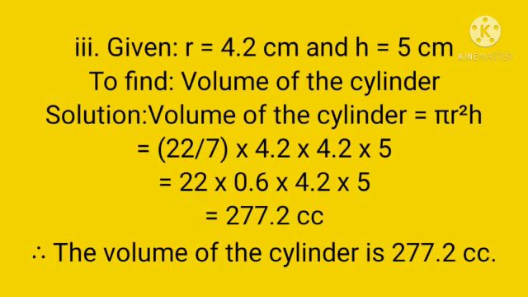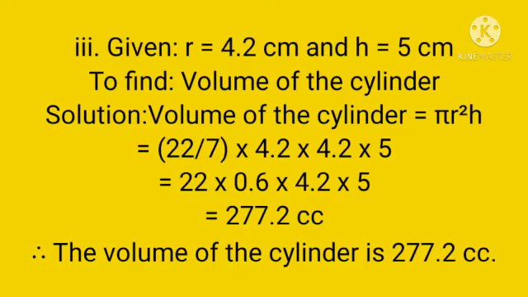Question number 1, third sum. Here radius r is equal to 4.2 centimeters and height h is equal to 5 centimeters. To find volume of the cylinder. Solution: volume of the cylinder is equal to pi r square h. Let us substitute the values.